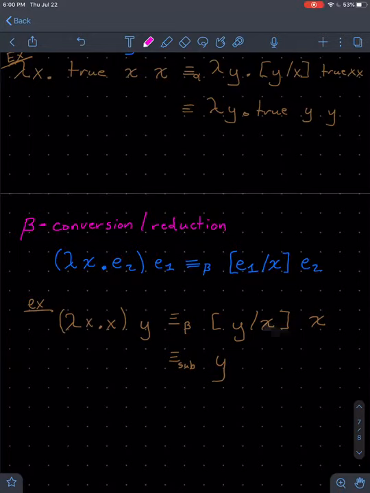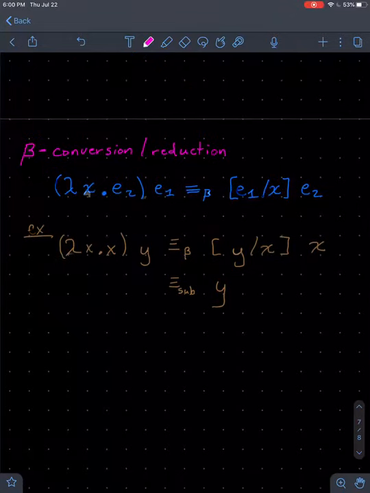And then the last one is called eta conversion. That's not how you draw an eta, though. That's an eta.